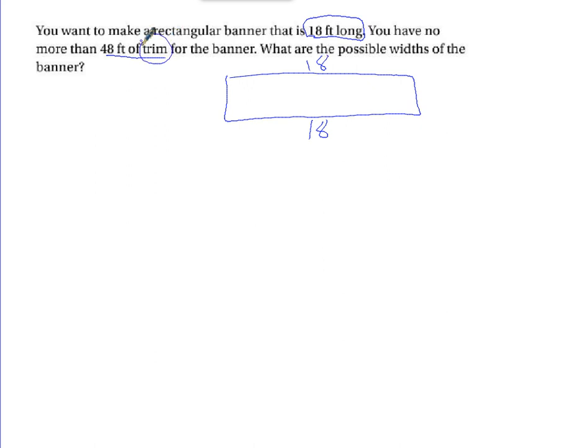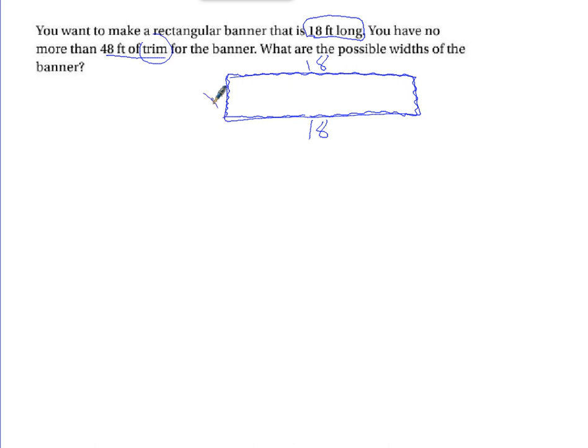Yeah, that's like if I put some sort of little thing all the way around the outside of the banner, that would be trim. I don't know what it's going to be, some sort of confetti or lace or strings, trim. So we have 48 feet of trim.